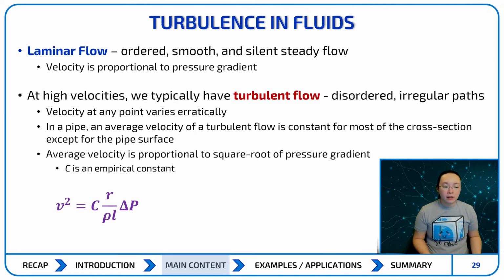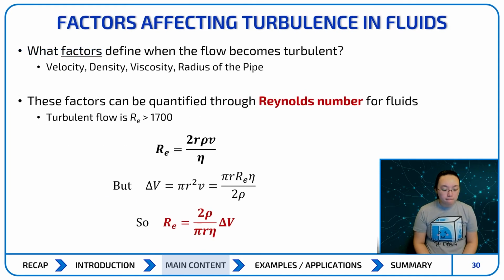You have r divided by the density of the medium, and L times delta P. But most importantly, we can use that equation for something else, and that's to calculate the Reynolds number for fluids.